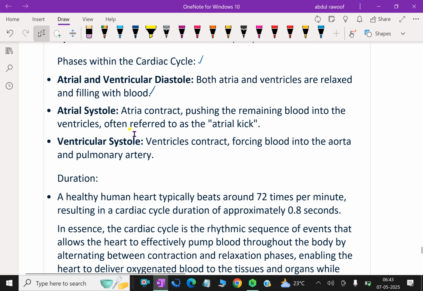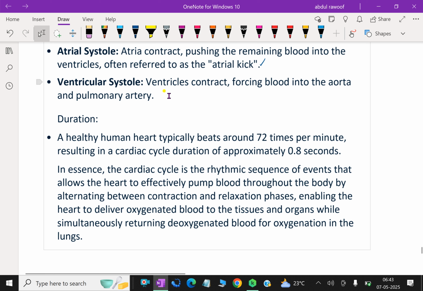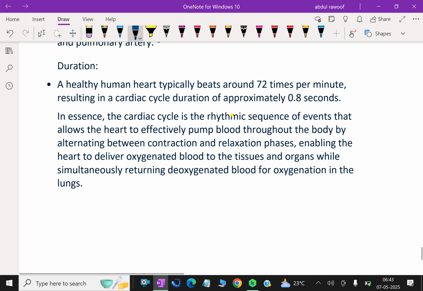Atrial systole: atria contract, pushing the remaining blood into the ventricles, often referred to as the atrial kick. Ventricular systole: ventricles contract, forcing blood into the aorta and pulmonary artery.